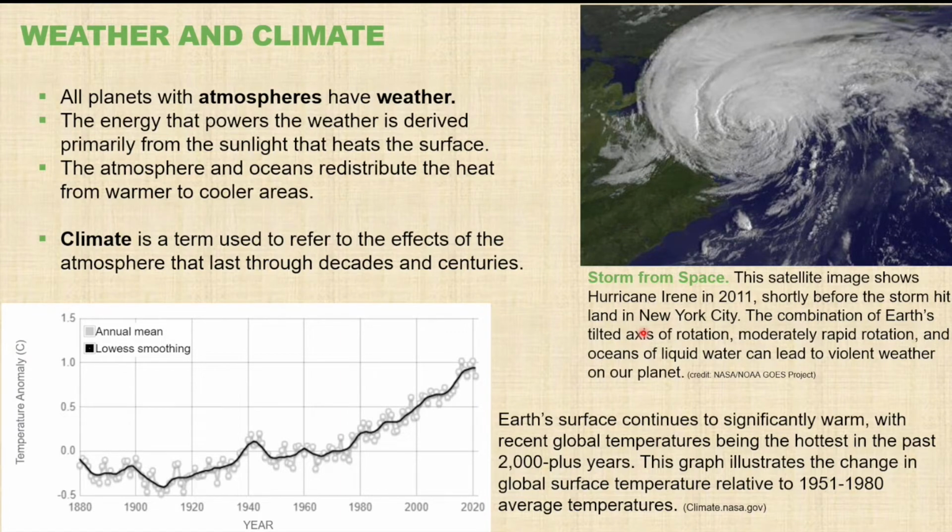And so in that process, there is a change in temperature, a change in pressure, and that causes the atmosphere to move. And sometimes that's how we get these cold fronts, windy winds, and so on.